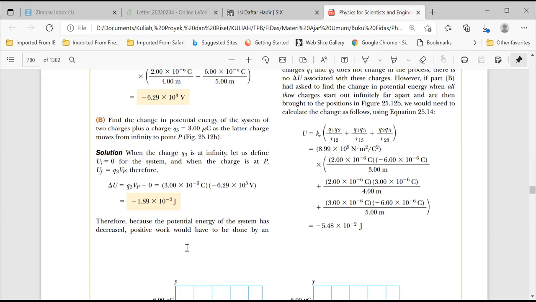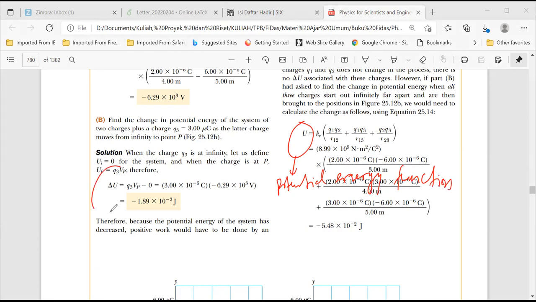So this is the potential energy function.